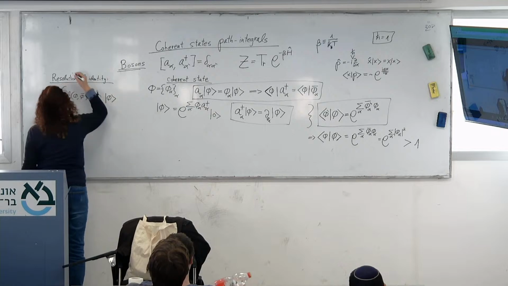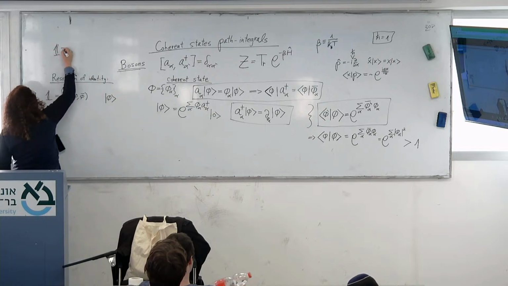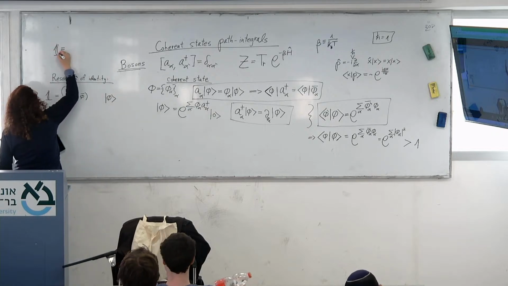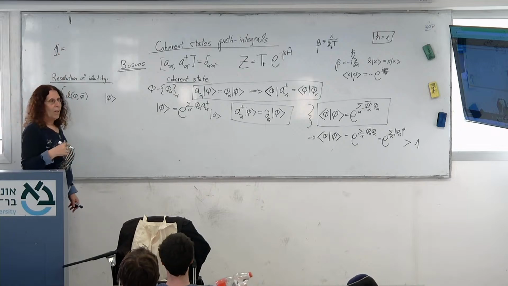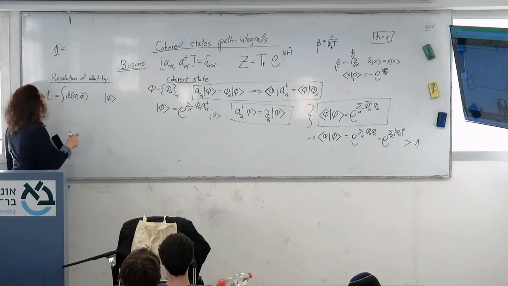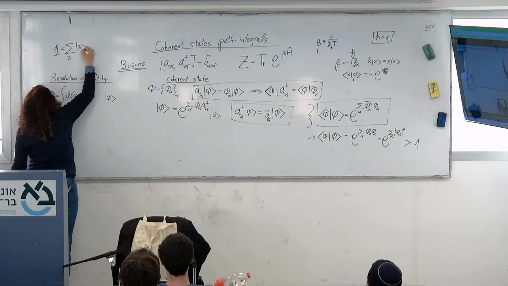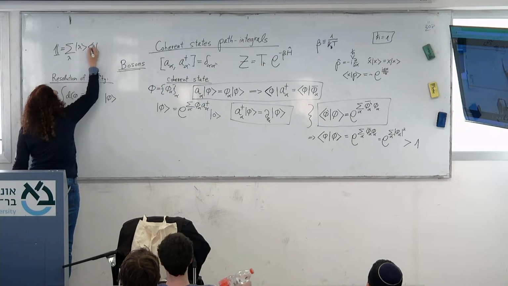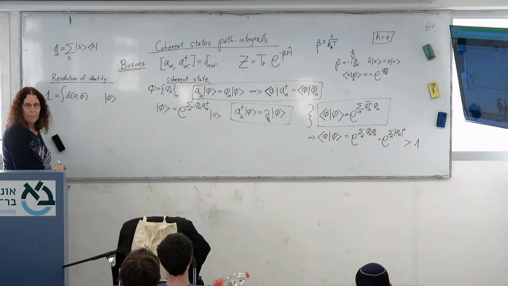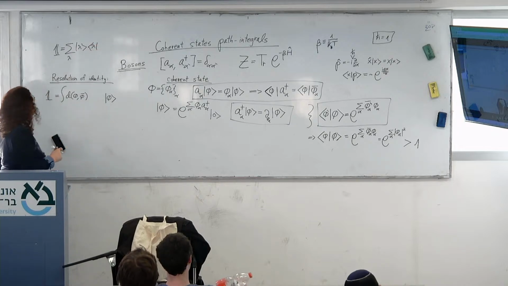And now, just like we always do, usually a resolution of identity in the case where you have just a regular complete basis looks like something like that, right? You take the sum over lambda of all the projectors. This is the standard.